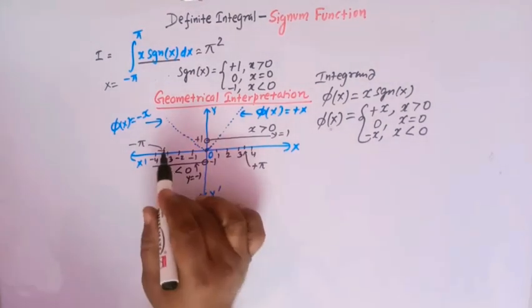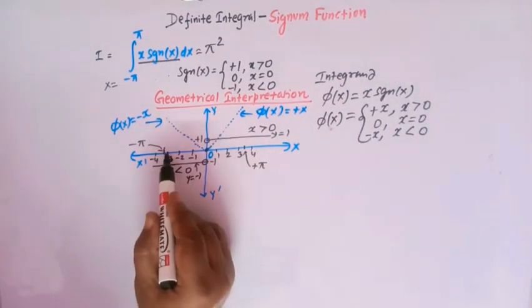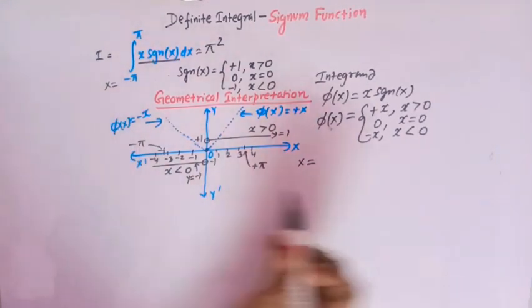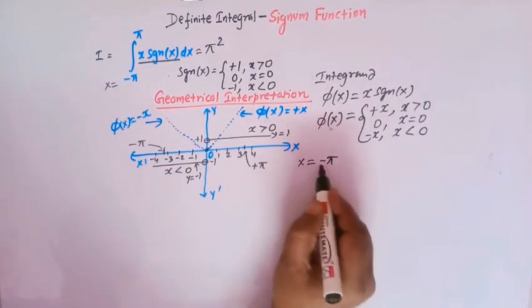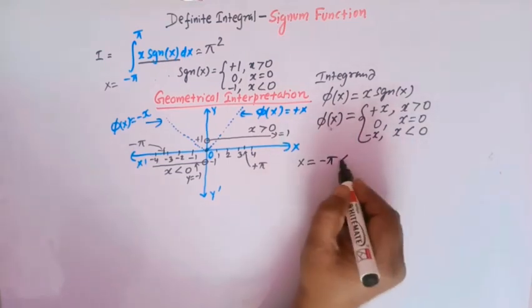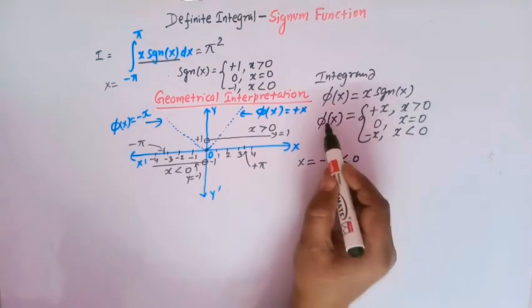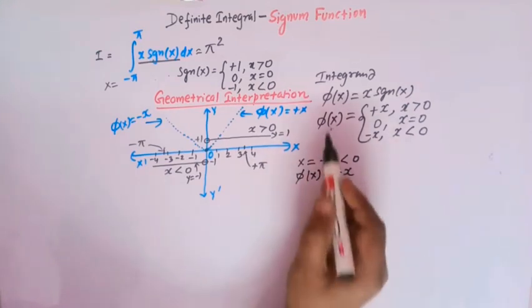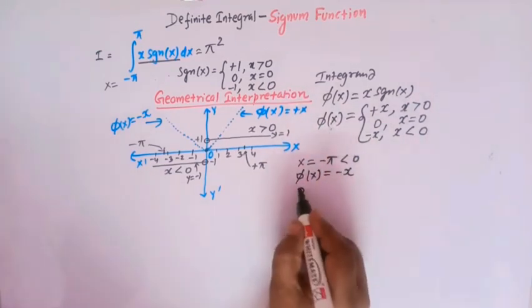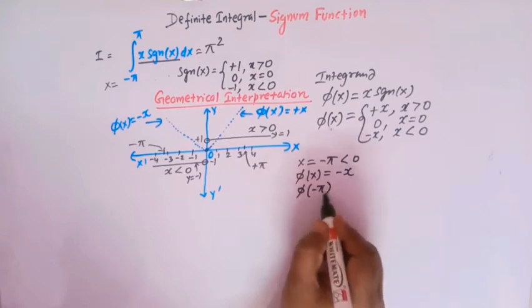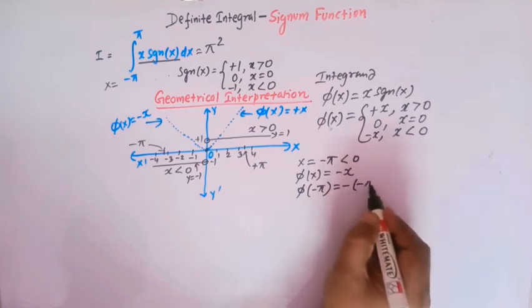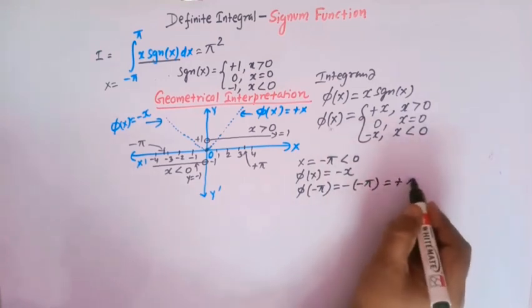So now viewers, here we have x is equal to minus pi, and x equal to minus pi is obviously less than 0, so we'll make use of this function. Phi of x is equal to minus x, so phi of minus pi is equal to minus of minus pi, that is plus pi.